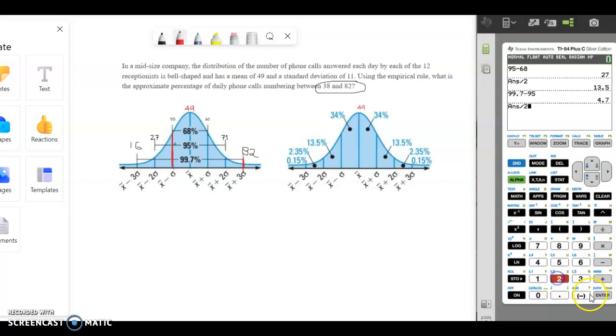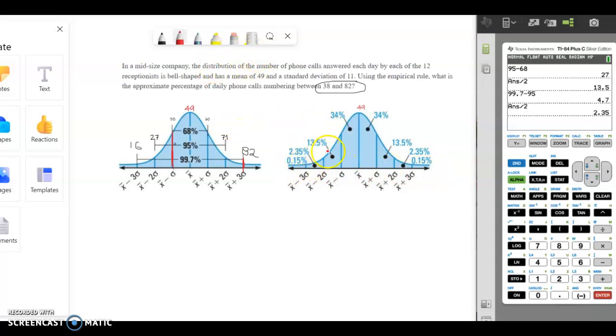So I'm going to divide that by 2. And that gives me this 2.35 and 2.35 that are listed. And we could keep going to get these two pieces. Basically, 100% of the data is listed under here. So 100 minus 99.7, divide by 2. That would give us these guys, but we don't really need that for this problem.